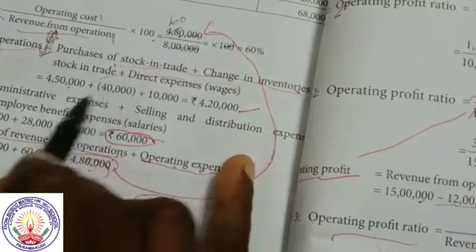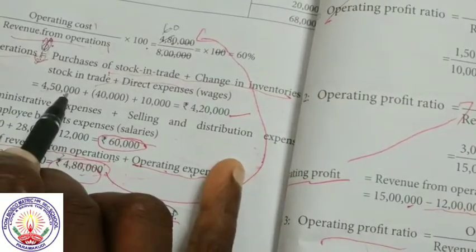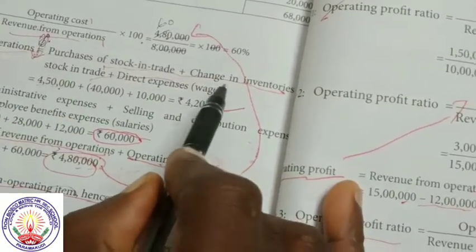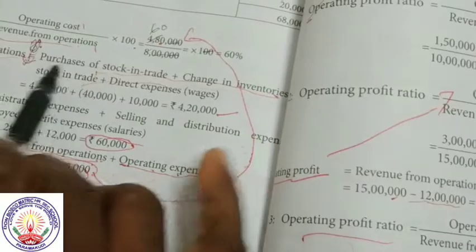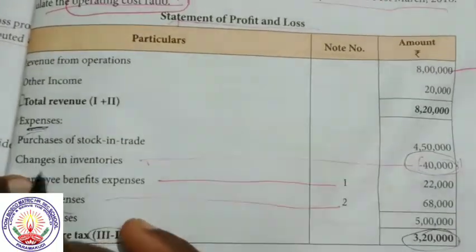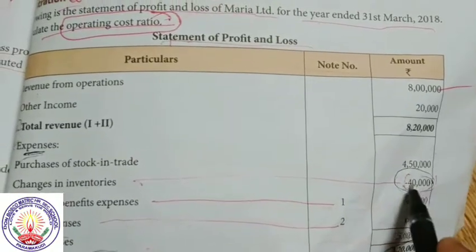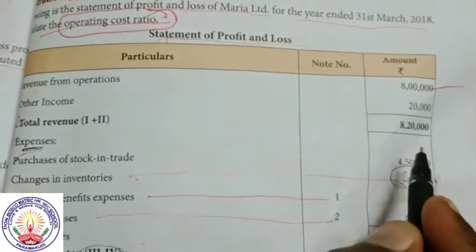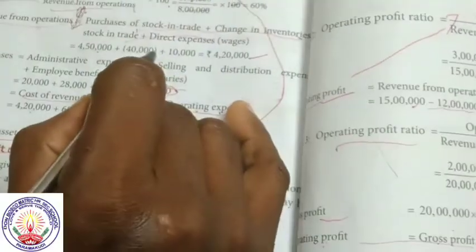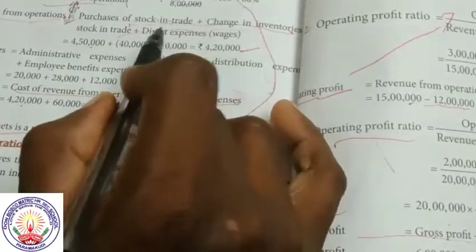You take 4,50,000 for the purchase of stock in trade. The second one is change in inventories of stock in trade. In the same question, the change in inventories is minus 40,000. It means you subtract 40,000 from the value above.